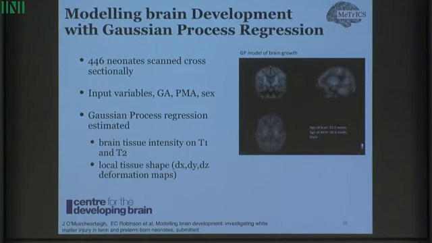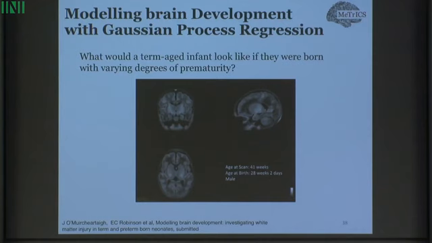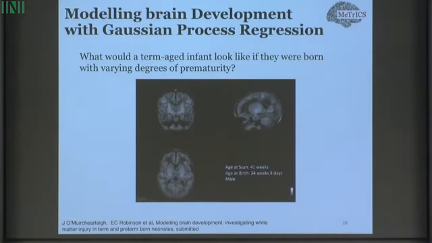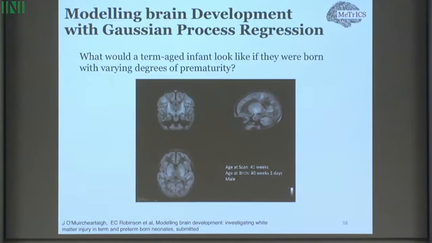And through this, we're able to create visualizations of mean trajectories of brain growth, as well as if you fix the deformations, then you can look at changes in intensity and tissue maturation. Doing this, we're able to investigate the impact of prematurity on the brain.